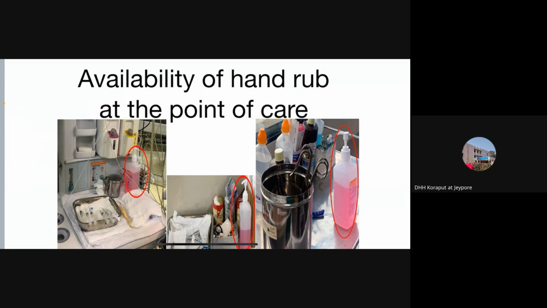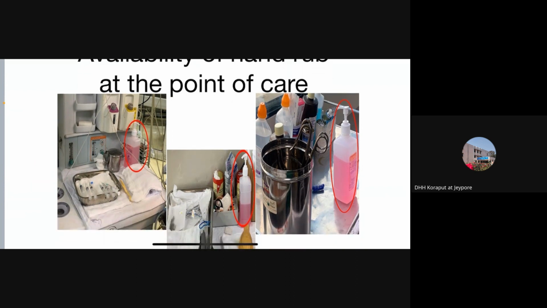If at your patient's bedside trolley there is this alcohol based hand rub, ABHR, it should be there at the bedside. Only then, otherwise you would keep on looking for a hand rub before touching your patient. So this should be available. Ideally the institute should make it available, or this can be asked in the list which is given to the patient, but it should be there at the point of care.